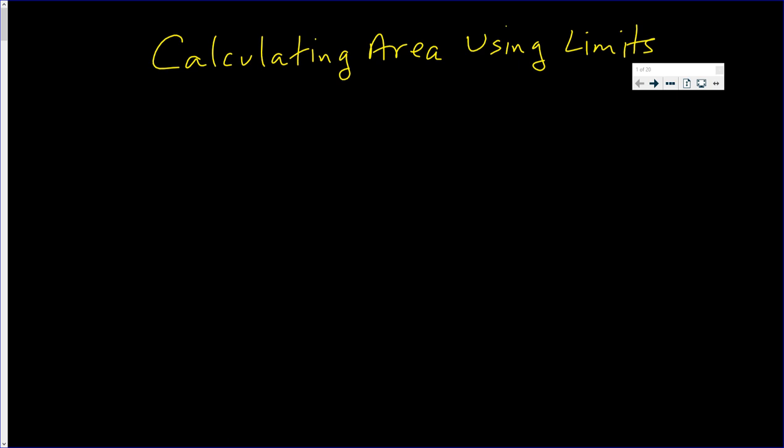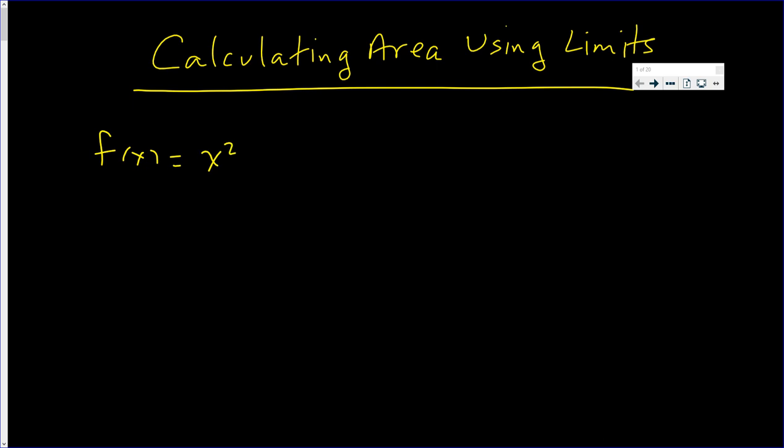Calculating areas using limits. Now we're going to get the exact answer using limits. Suppose you have the function f of x equals x squared, and you want to find the exact area between 1 and 5.